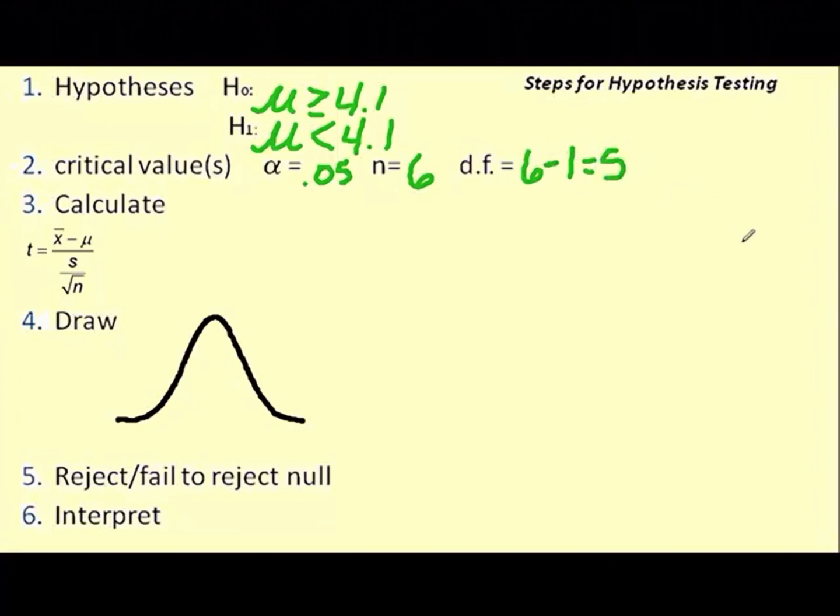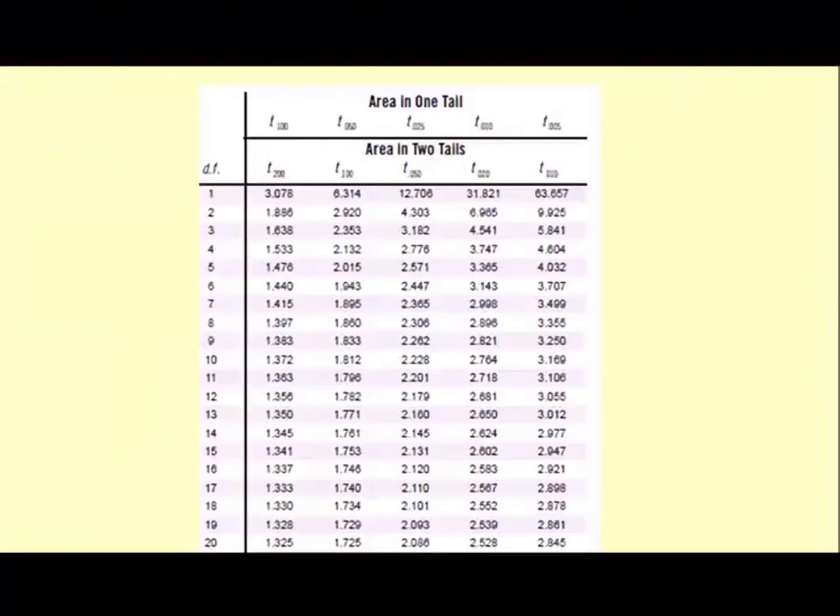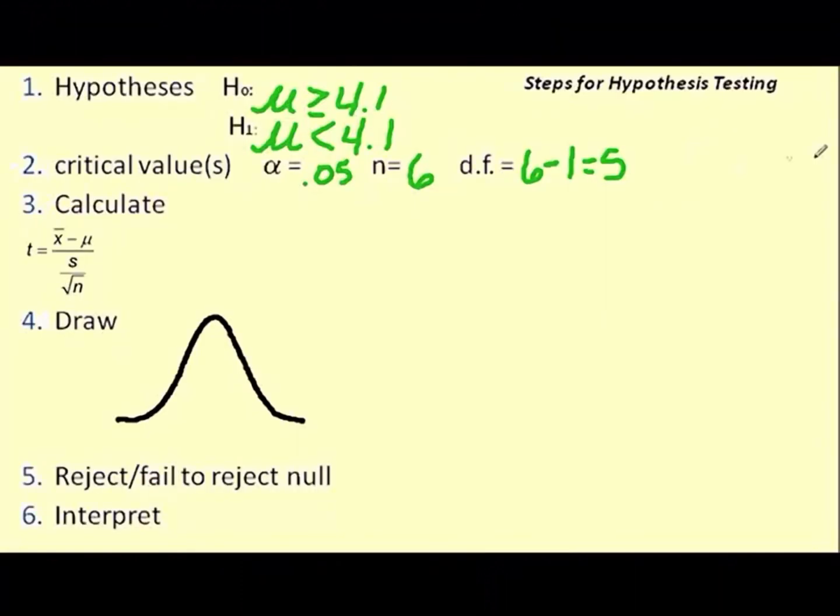That is a minus sign. 5 degrees of freedom. 1 tail, because we thought less. Alpha 0.05. My t-value that cuts off the rejection region is 2.015. Let me highlight for you that we are talking about less than.